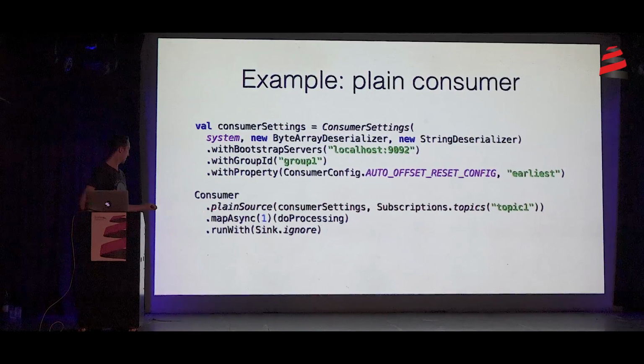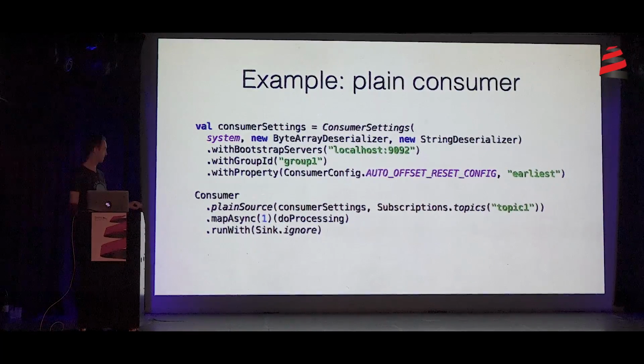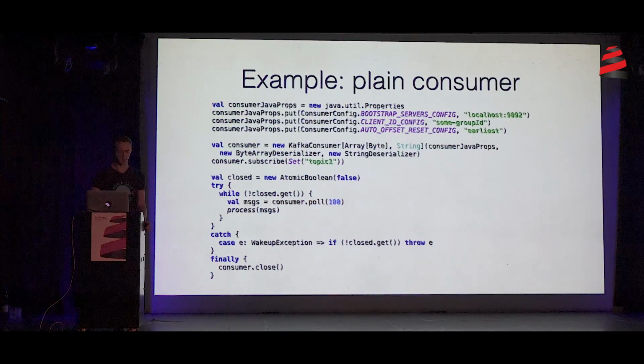And at the end, we run the stream with a Sink.ignore, which is just an empty sink, discarding messages. Yeah, so this is the equivalent of what we saw earlier with the plain API, doing a loop, polling, and processing.